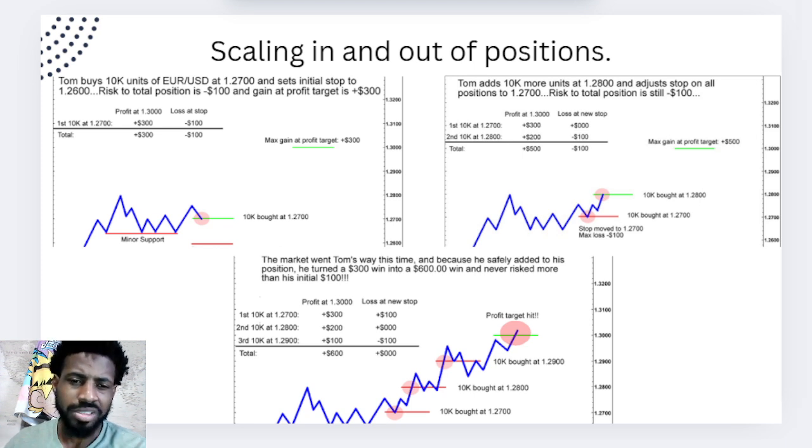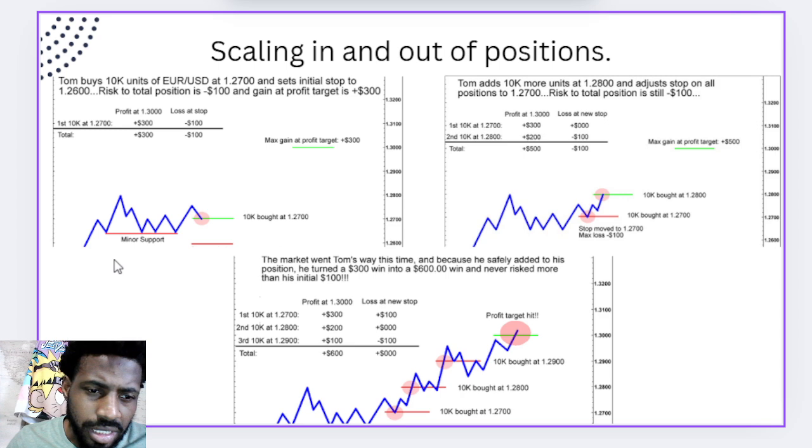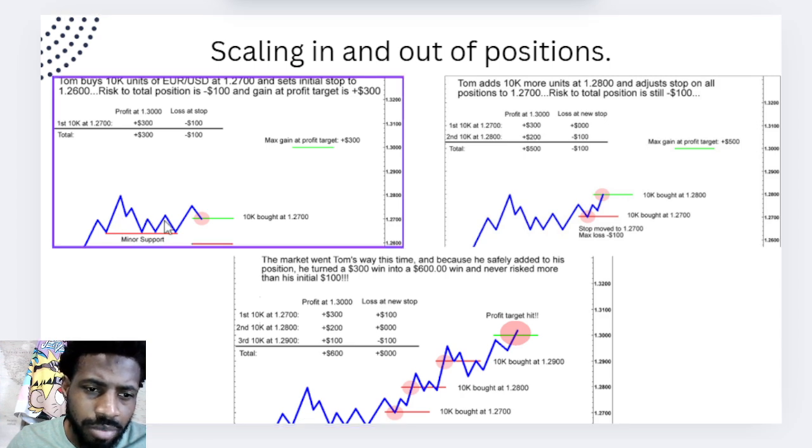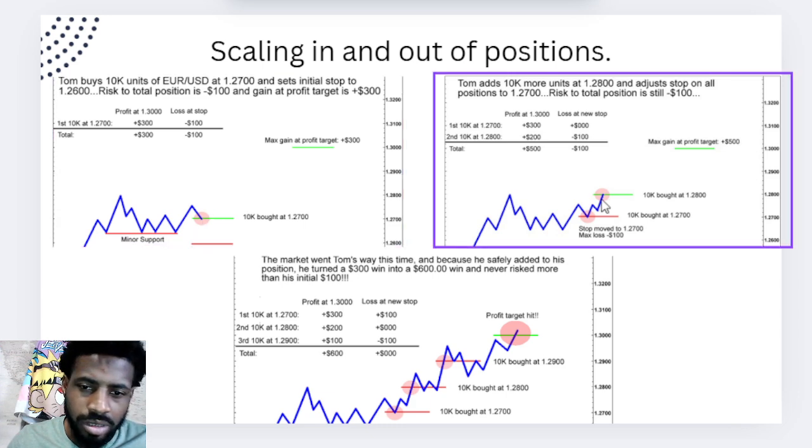And we're talking about scaling in and out of the position. Okay. So I like to scale in my position with one contract, sometimes two. So let's say this is ranging, bust out of the range, come back and test the support, resistance, and turn out to continue to the upside.